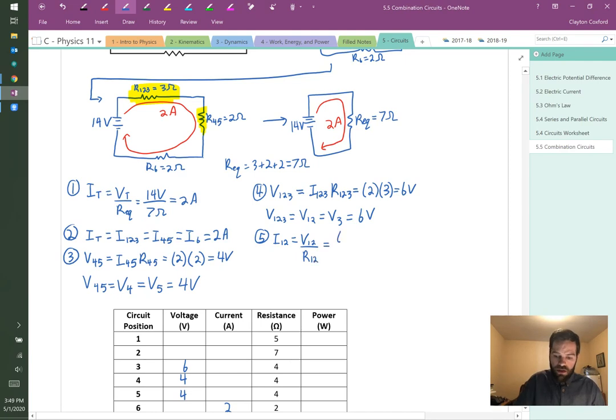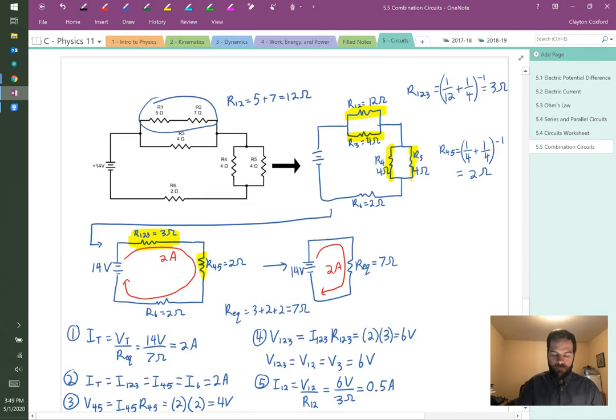It's 6 volts divided by 3 ohms. It's 0.5 amps that is going to flow through that top branch. So up here, 0.5 amps is going to flow, which means that up here, 0.5 amps is going to flow.